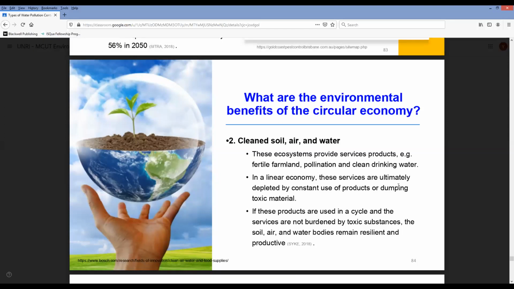So it damages our environment. So clean soil, air, and water is very important for us to live. Okay, next please.